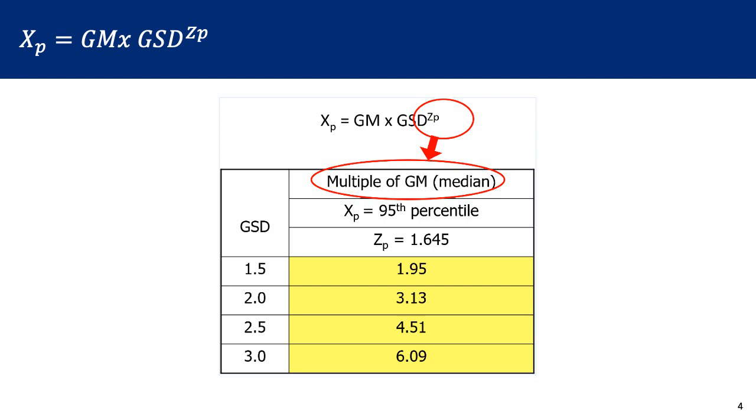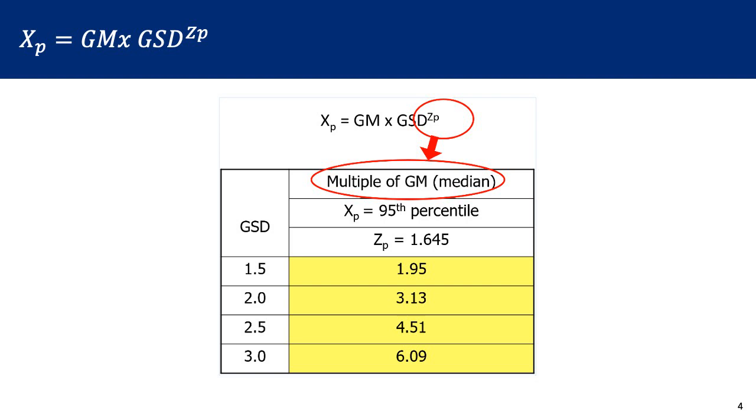On the other end, if you have a high GSD, a GSD of 3 in this case, then the 95th percentile is 6 times the geometric mean. And in the middle, you can split the difference between 3.13 and 4.5 and call it 4. So if you have a moderate GSD, somewhere in the 2 to 2.5 range, then the 95th percentile is 4 times the geometric mean or the median.